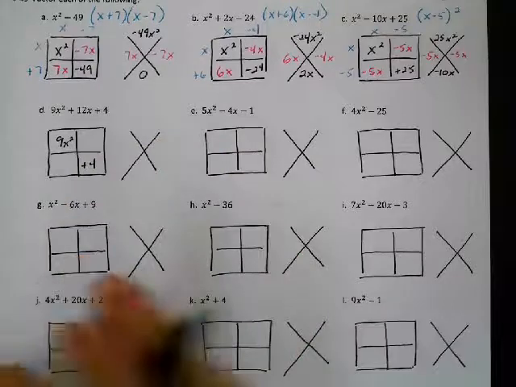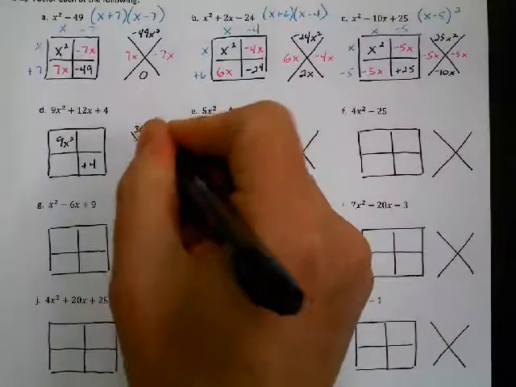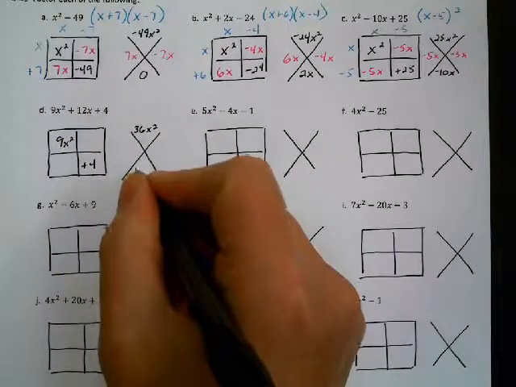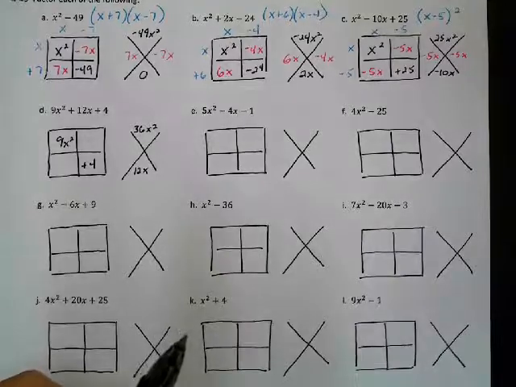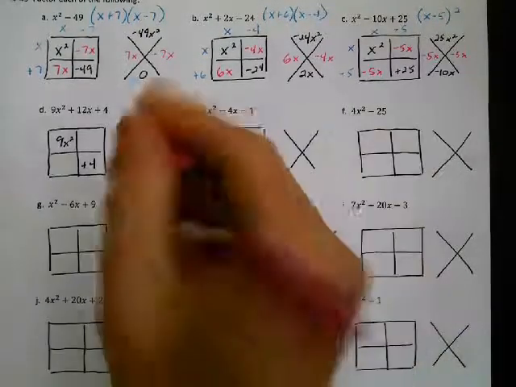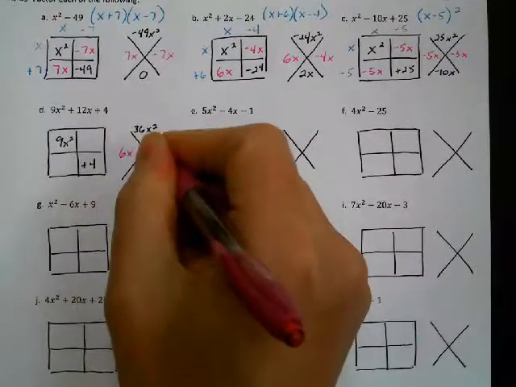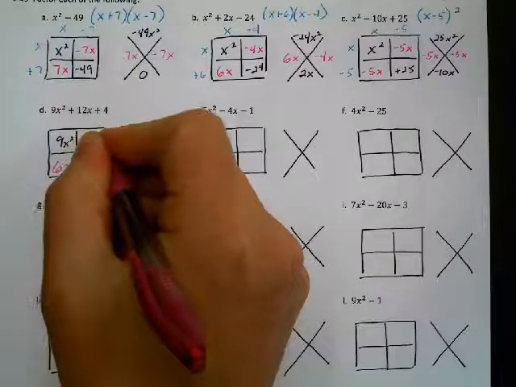All right. So these multiply to give me 36x squared, and they add to give me that 12x right there. So what multiplies to give me 36 but adds to give me 12? I think that's 6x and 6x. All right, so I put 6x here, 6x here.